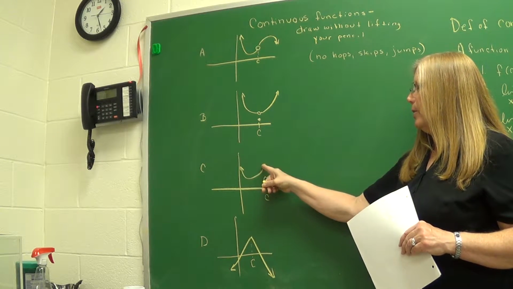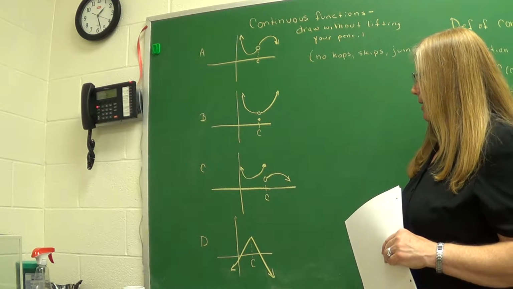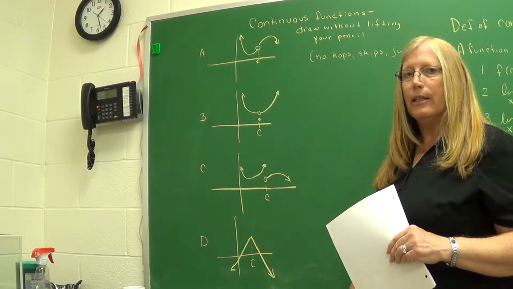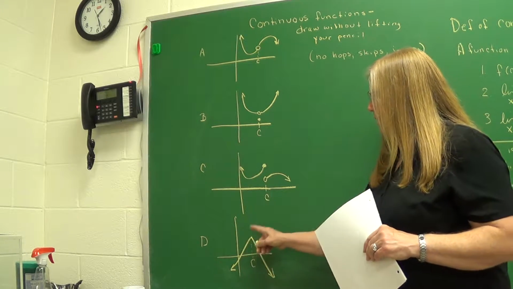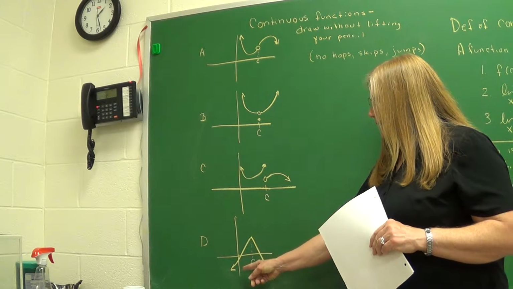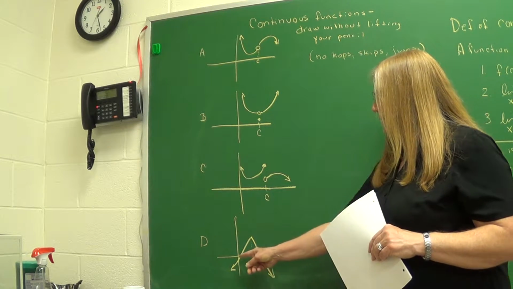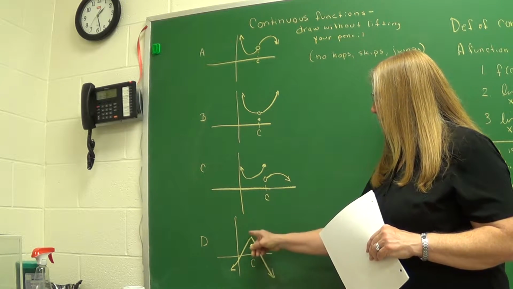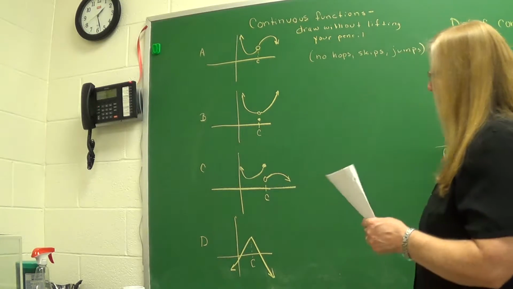The function is going up and then it starts down and goes like that. It is a function, but it is not continuous. And graph D at C can be drawn without lifting our chalk or pencil. At C, you'll notice, is the point where you might have the most question, but it is continuous. Even though it has a sharp turn, it is continuous.